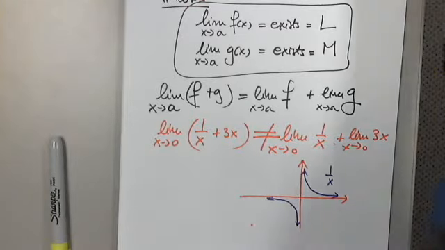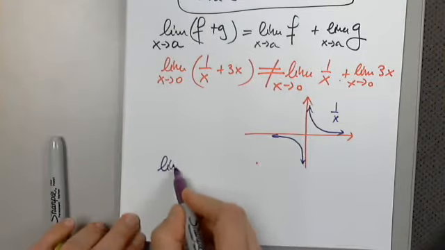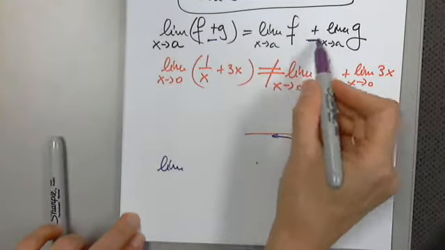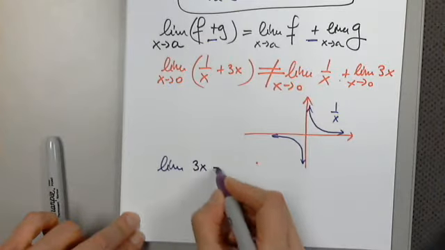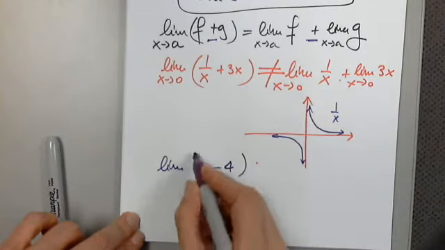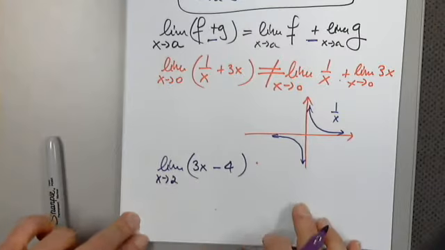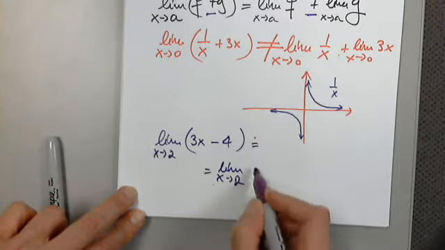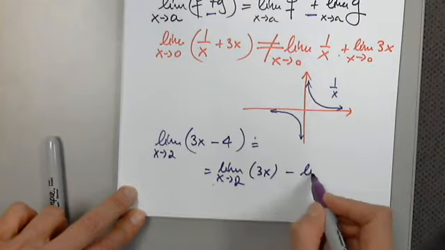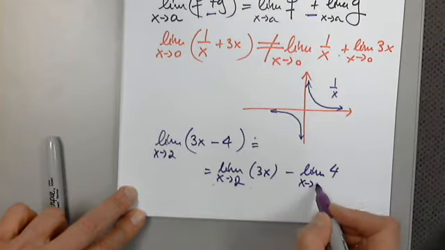Can I apply the limit law for this function? Let's say I want also the difference. The difference is also a possibility. So let's say I want 3x minus 4 as x approaches 2. Can I write limit as x approaches 2 of 3x minus limit of 4 as x approaches 2?